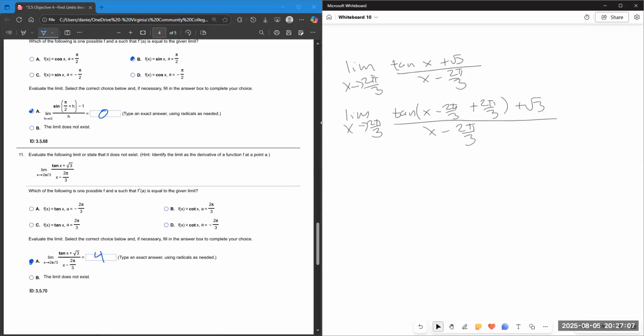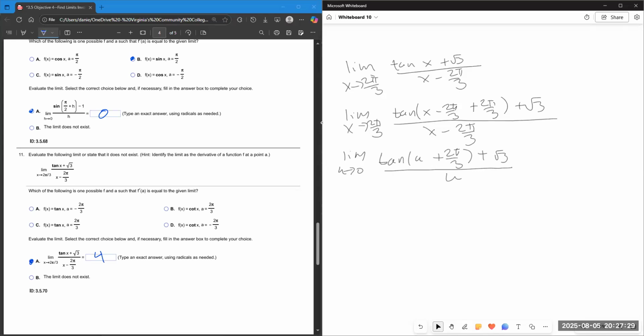I'm going to do a u substitution here to clean this up a little bit. The limit as u goes to 0 of tan of u plus 2 pi over 3, plus root 3, over u.